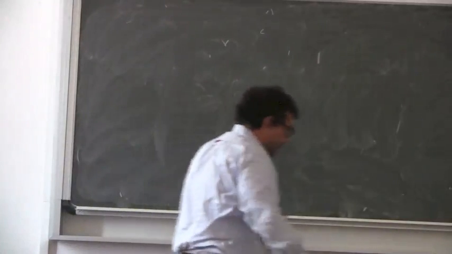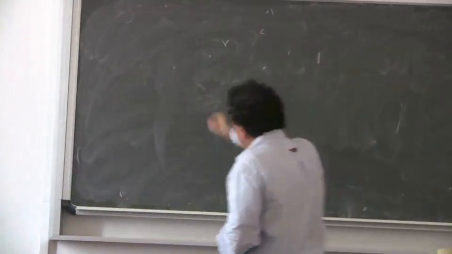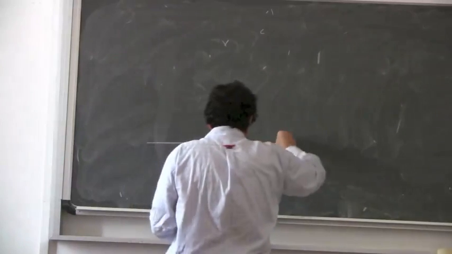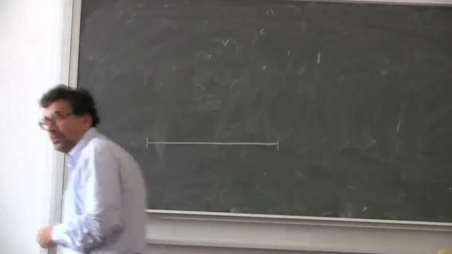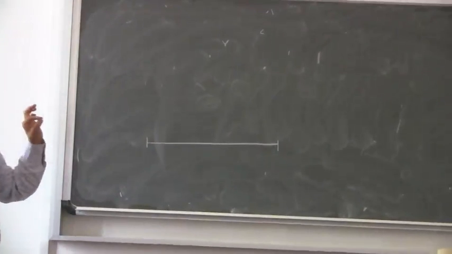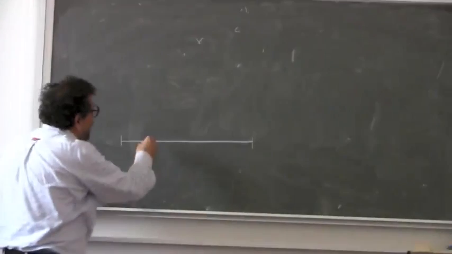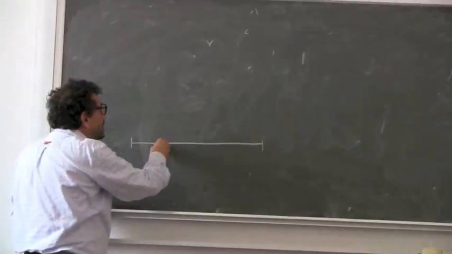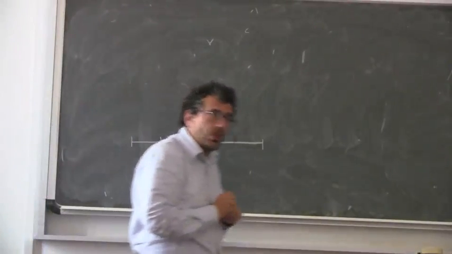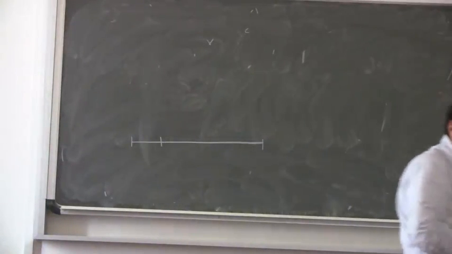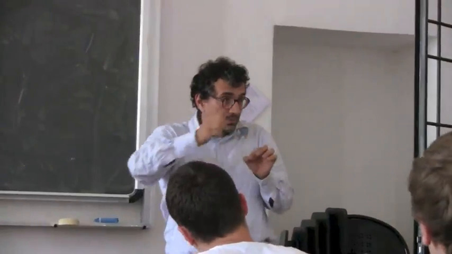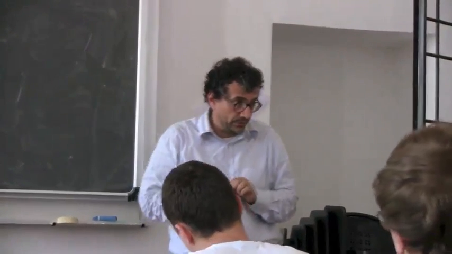Okay, so reference configuration of our beam, a straight line. Every section is rigid, so it will not change its shape, and it will remain orthogonal to the main curve.